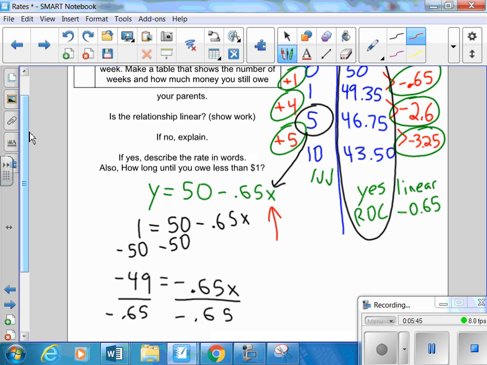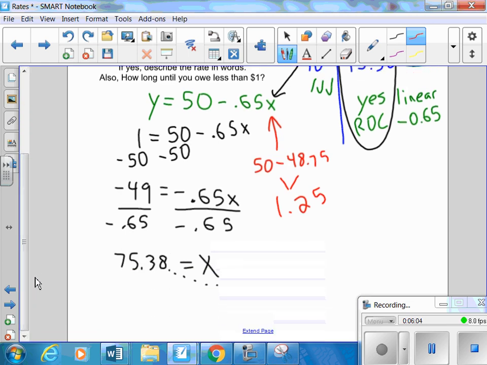So now you're going to have 50 minus 48.75, and if you subtract that, you're going to get 1.25. After 75 weeks, you still owe them $1.25. So in this case, instead of leaving it as a decimal or bumping it down to 75, you have to bump it up to 76. So it needs to be 76 weeks to be below $1.